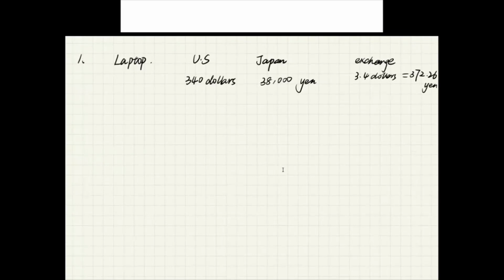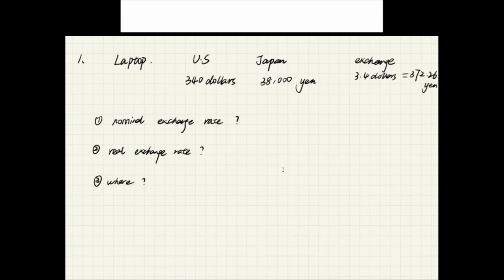Okay, now find the US nominal interest rate and the real interest rate, and assume that there are no shipping expenses. Should Anna buy the laptop from the US or Japan? Actually, there are three small questions. Firstly, what's the nominal exchange rate? Second, what's the real exchange rate? And where should she buy from?